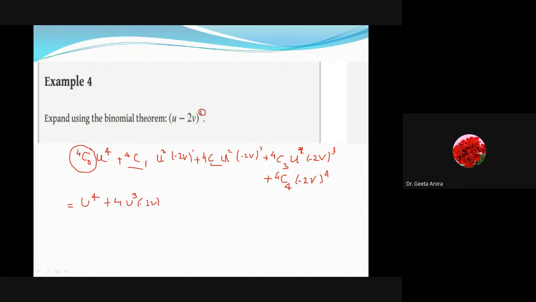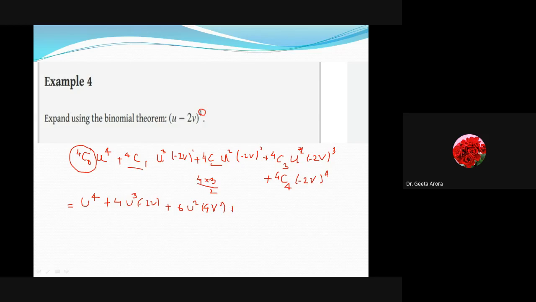The next we have 4c2. nc2 means n into n minus 1 divided by factorial 2. On simplification we are getting 6 u square into minus 2v whole square. Minus 2 square is 4 and it is v square.